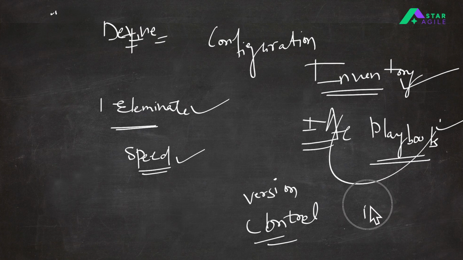Then we have something called role. Role is basically used for modularized and reusable playbooks. So let's say, for example, you have a playbook, but you want to reuse that playbook. If you keep on writing the same playbook everywhere, it's a kind of manual effort. So rather than doing that, we use roles.